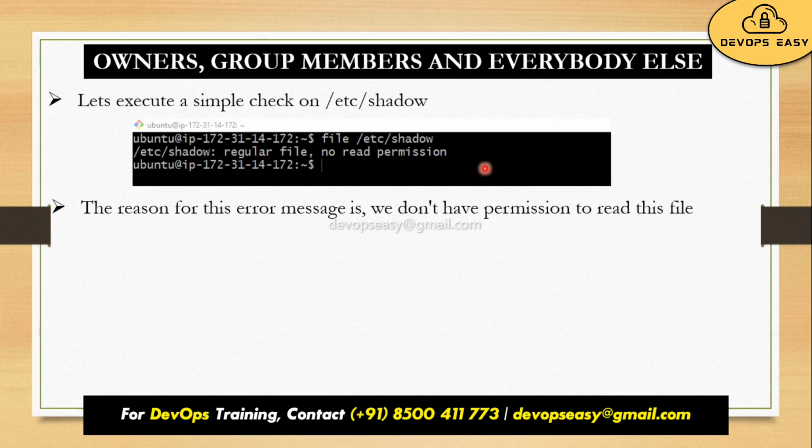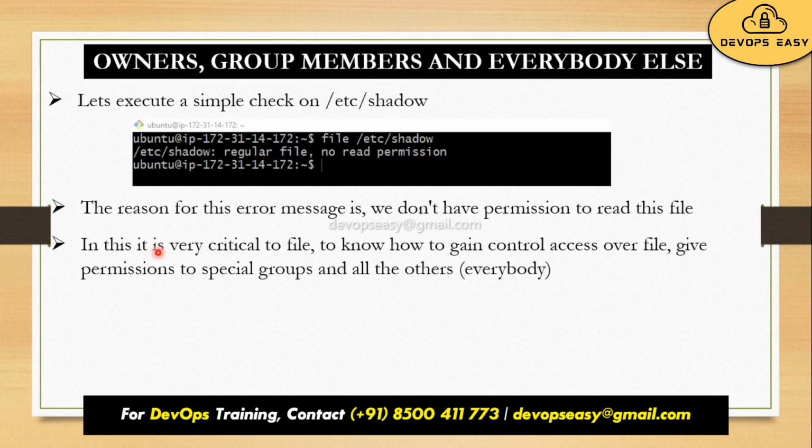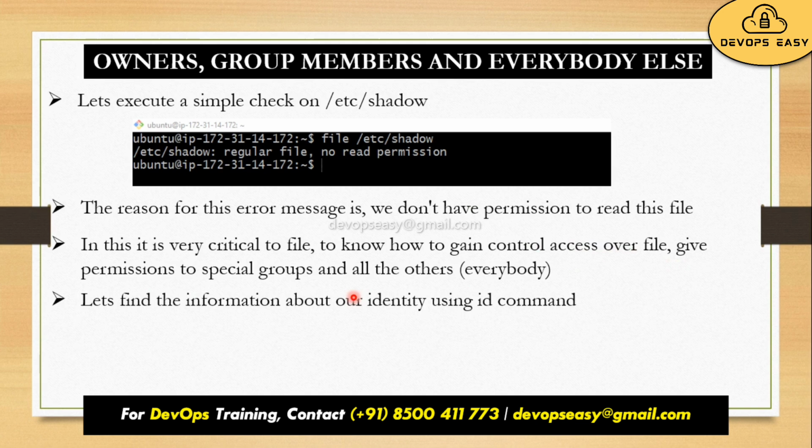I told you right from the beginning, permissions play a key role in Linux. So it is very critical to know how to gain control over file access. Right now, the Ubuntu user wants to get access. How can the Ubuntu user be identified? You give some permissions to a special group and all the others, everybody else. So let's find the information about our identity, the user ID.